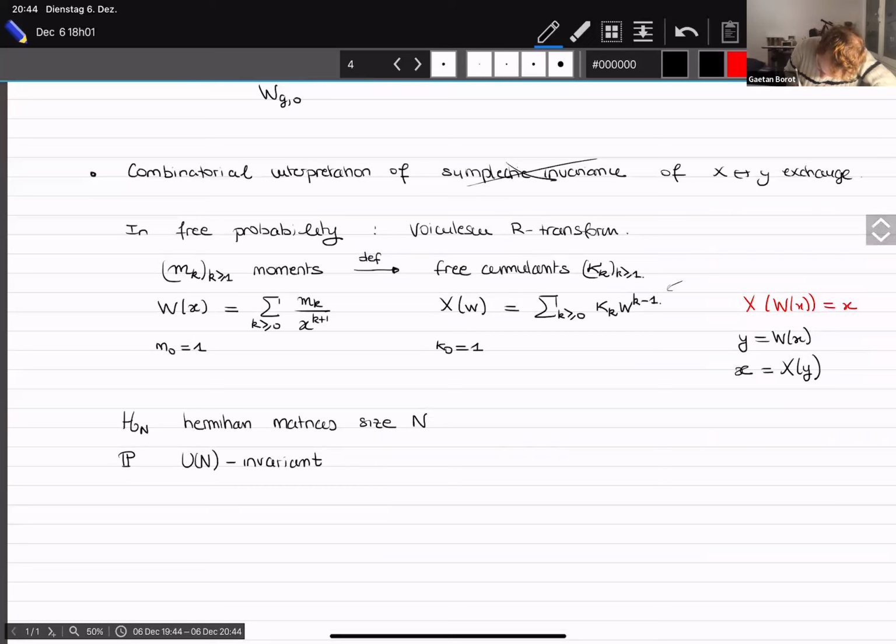You can look at the large N limit of the trace of M^k, where M is my matrix. Assuming that this sort of limit exists, that will define your moments. And then the free cumulants also have an expression. I'm going to come to that.